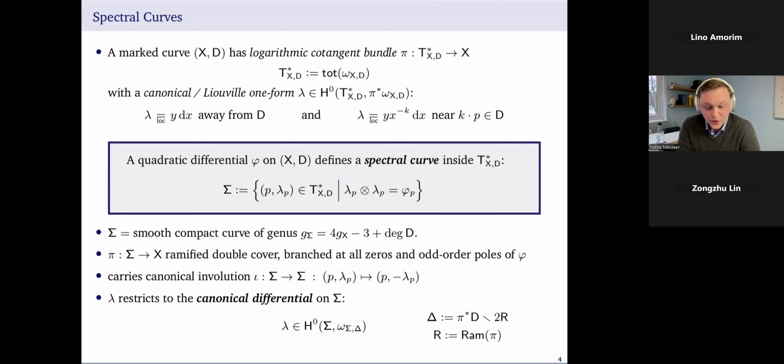So as a double cover, it has another piece of structure, which is this global involution iota, which just sends the fiber coordinates to its negative.